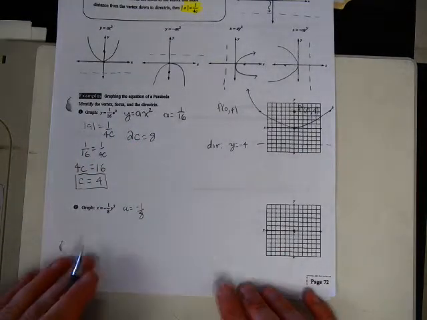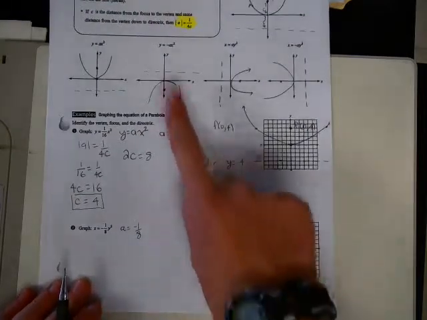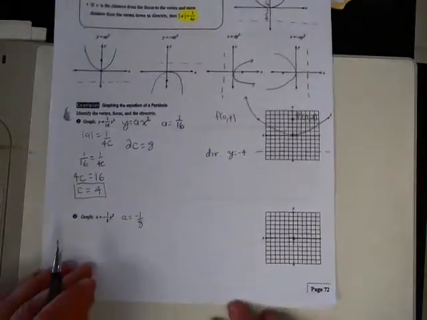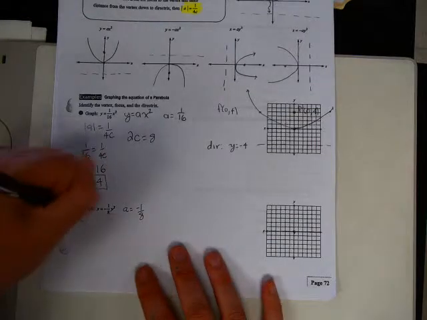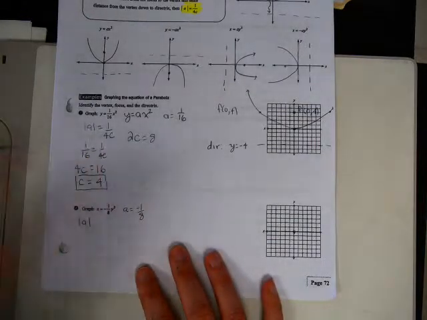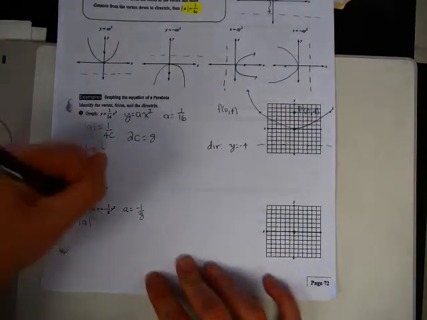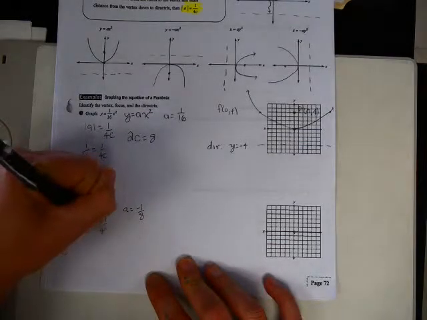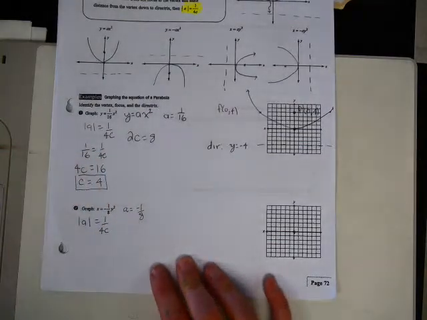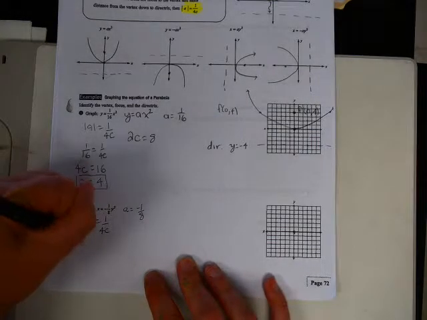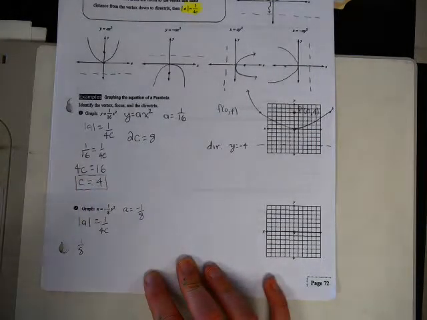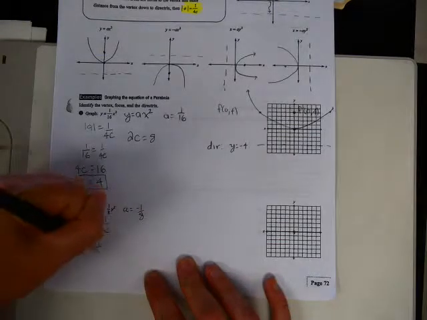So I'm going to find my c using the formula above. I'm going to write the formula one more time. Absolute value of a equals 1 over 4c. The absolute value of negative 1/8 is positive 1/8. So 1/8 equals 1 over 4c.